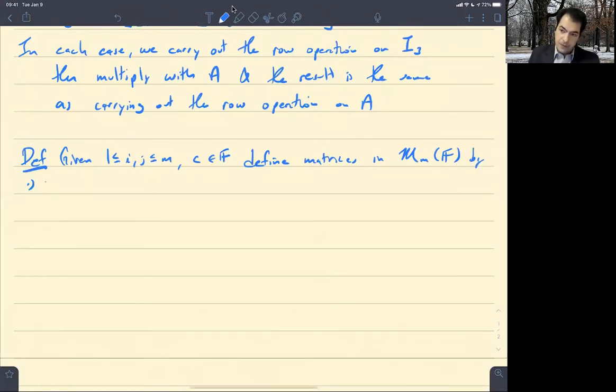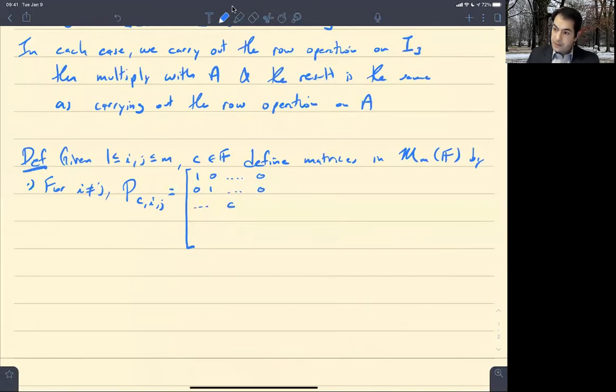First, if i is different from j, then we're going to define P c i j to be the matrix you get, so it's going to look just like the identity matrix, except somewhere there's this c. So let's put a 1, c, zeros.